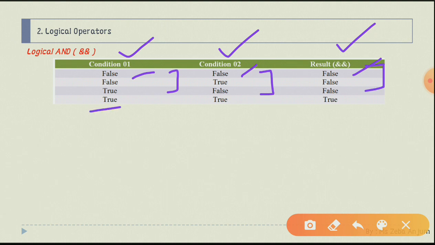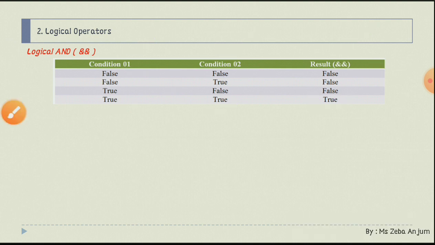But if both the conditions are true, then only you get the result as true. So please make a note that in logical AND your result will be true only if both the conditions are true.